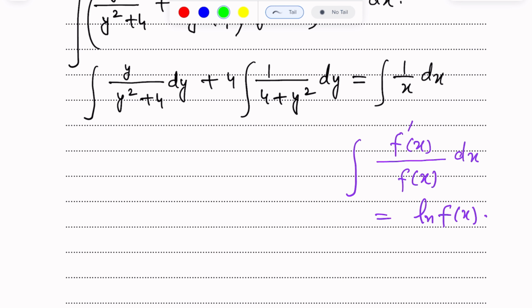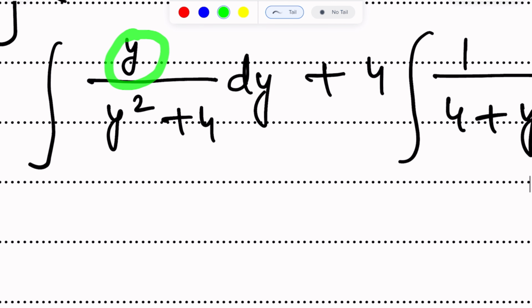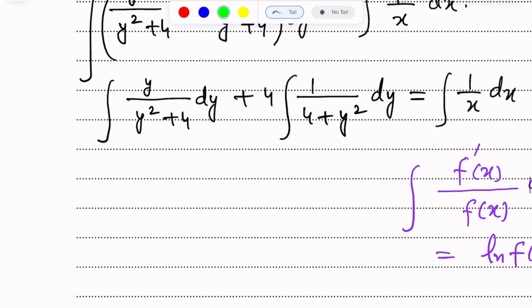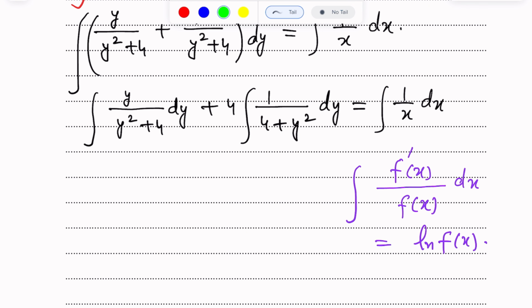So I am discussing the first integral, which is highlighted. If we take y square plus 4 as a function, the derivative of this function will be 2y. But there is only y. We need 2 here. So we multiply and divide by 2 to make a format like this.